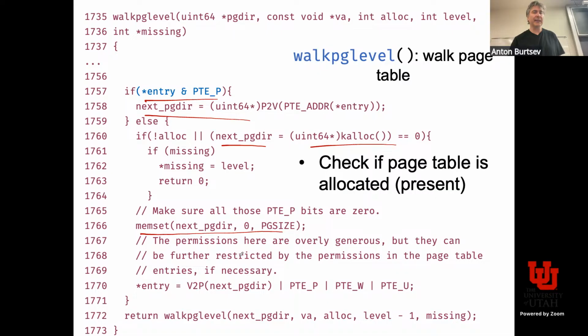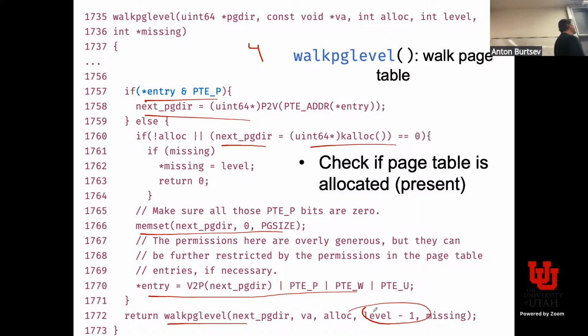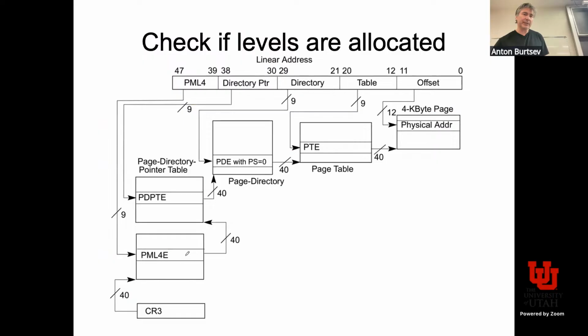Because we just allocated it, and we connect the levels, right? And if you started from level 4, for example, at the very end of this function, you recurse into the next level. So essentially, you reuse the same function over and over. Starting from level 4, you go to level 3, you go to level 2, you go to level 1, essentially connecting all these intermediate levels as needed, right?